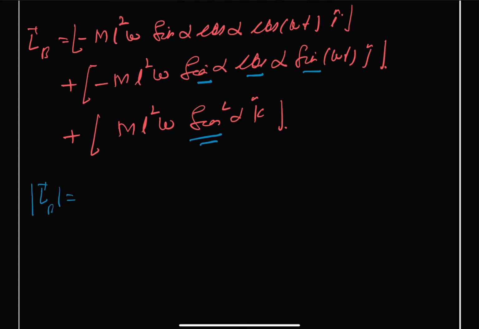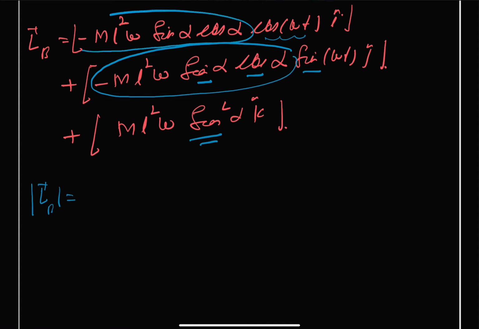So from the first two parts, these two terms will be same here as well as here. So we can take this as common. This will be sine square plus cos square, which will equal to 1. And this will be coming as sine square alpha and cos square alpha.